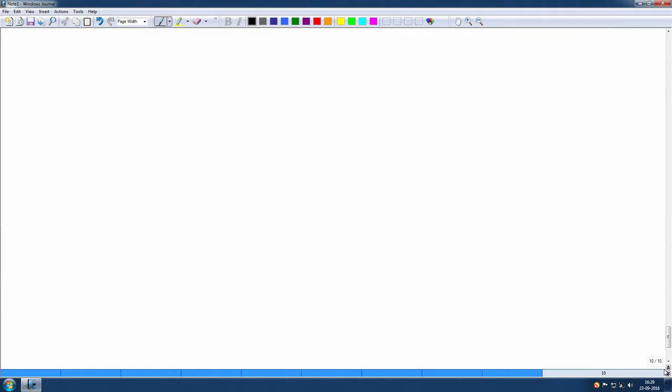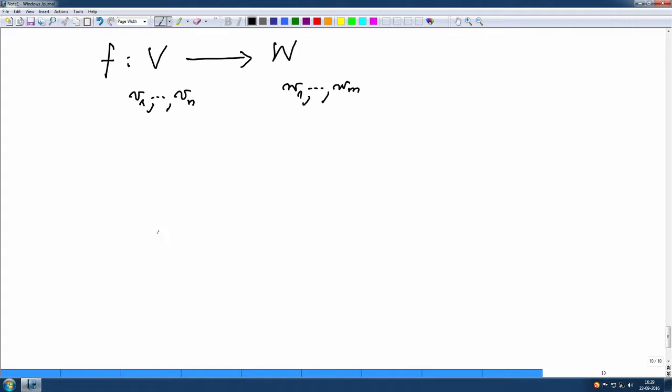Therefore, for a linear map f from V to W, with basis v1 to vn here and basis w1 to wm here, I will denote these as my k bases of V and W respectively.